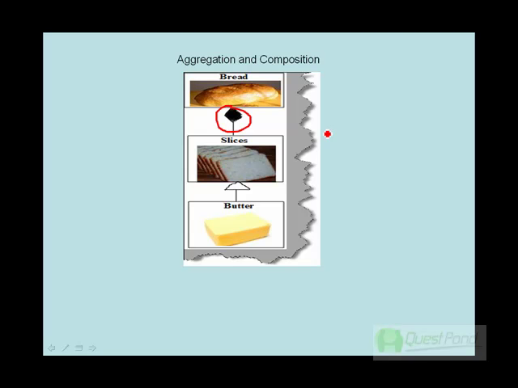For instance, I can eat the butter irrespective of the slices. The slices use the butter object, but the butter can exist as an independent entity and the slice can exist as an independent entity. In other words, the lifetime of the butter and the lifetime of the bread is not the same.